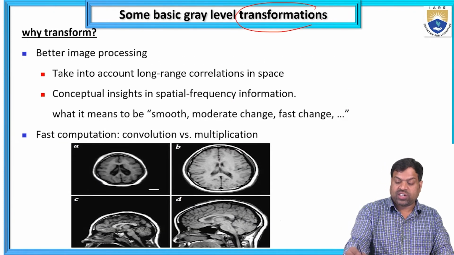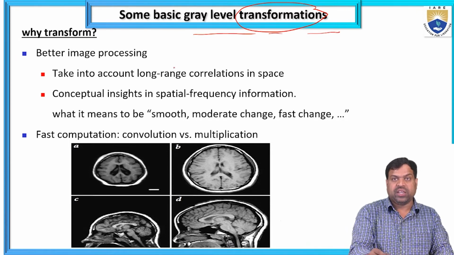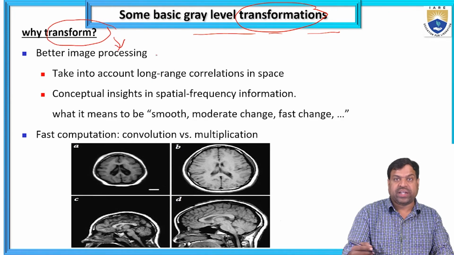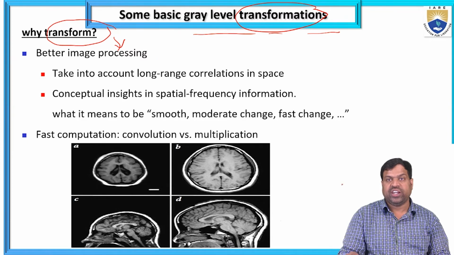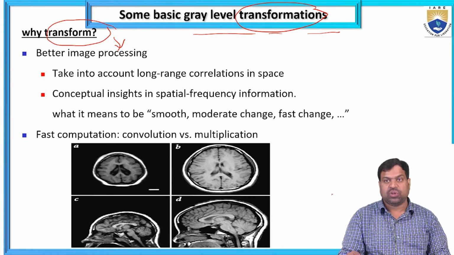So what is a transformation? Gray level transformation. What is the need of transformation? We are going for better image processing. It takes into account long range correlations in space, conceptual insights in spatial frequency information. What it means to be smooth, moderate change, fast change, and fast computation, convolution versus multiplication.